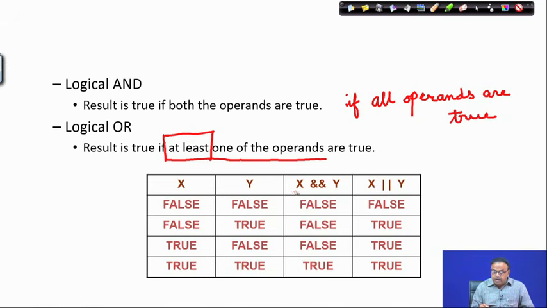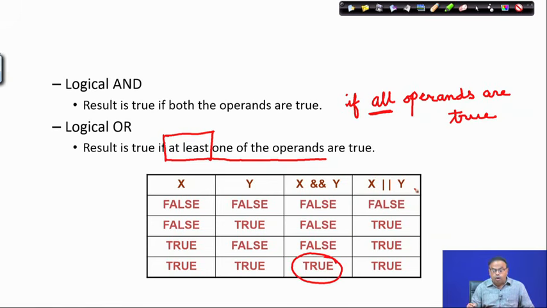Now, if I carry out the logical AND, then for false, false, the result will be false or 0. False and true, still it will be false, because here I want all operands to be true. If x is true and y is false, the result will be false. If both of them are true, the result will be true.